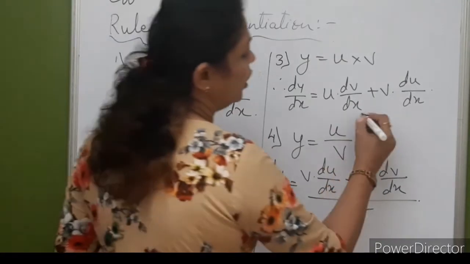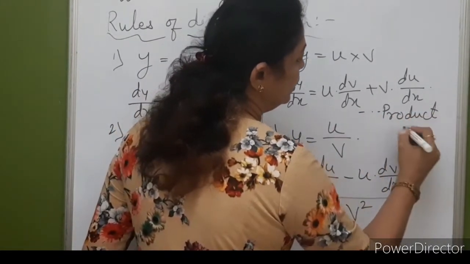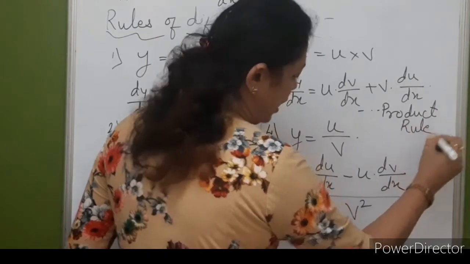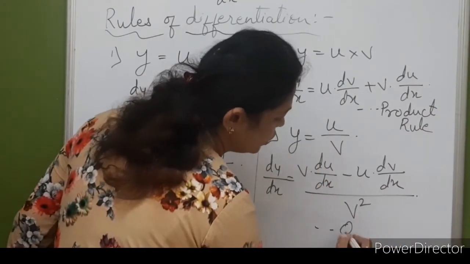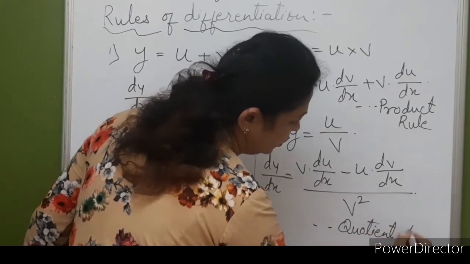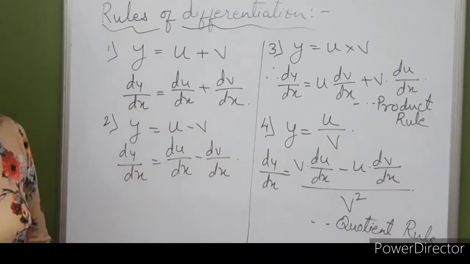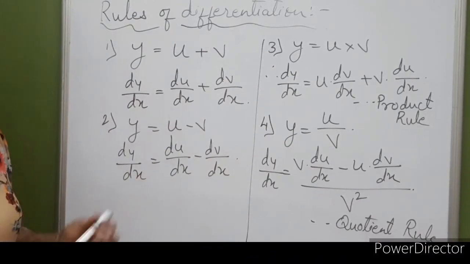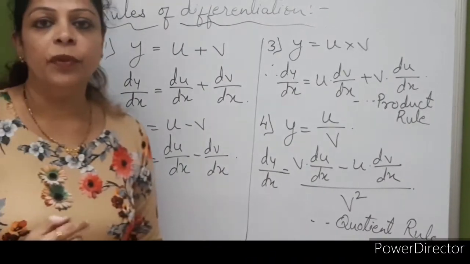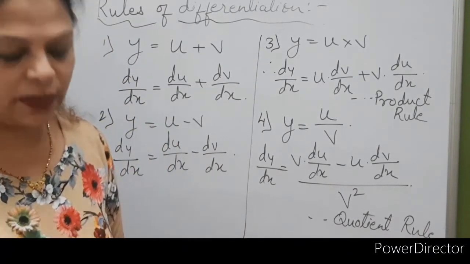Now the third one is called as product rule and this fourth one is called as quotient rule. Understood?